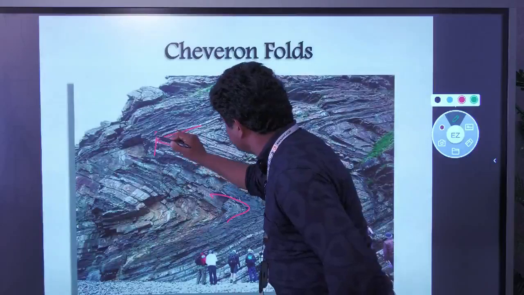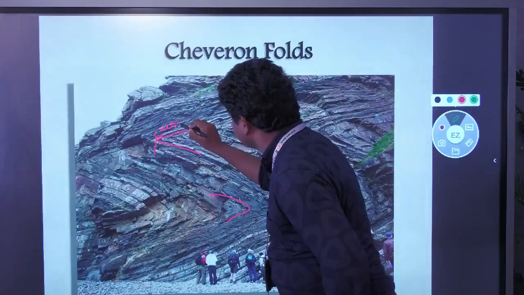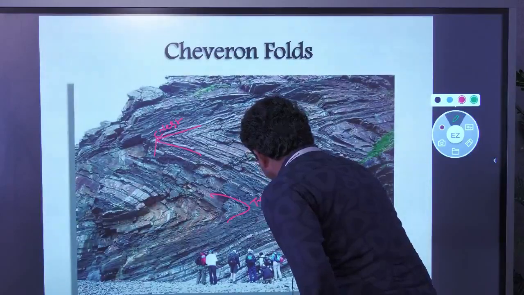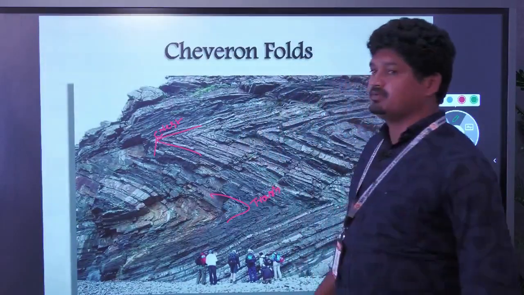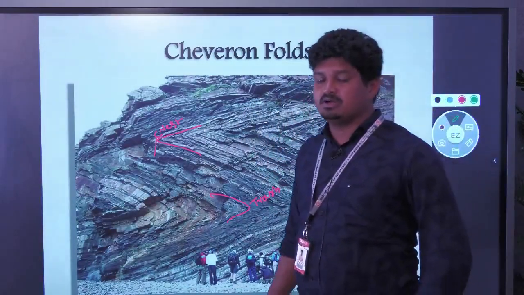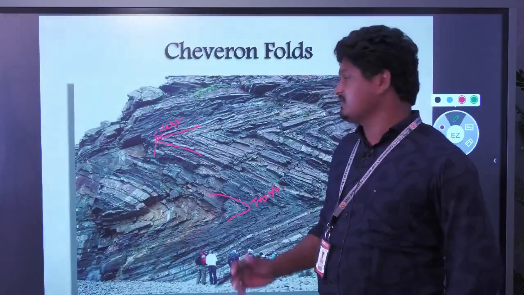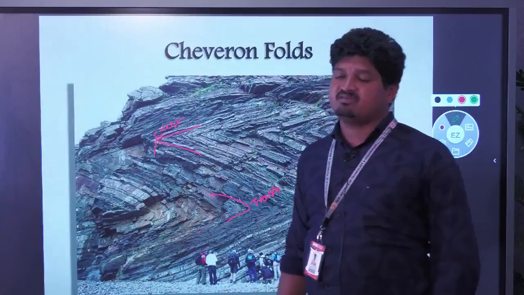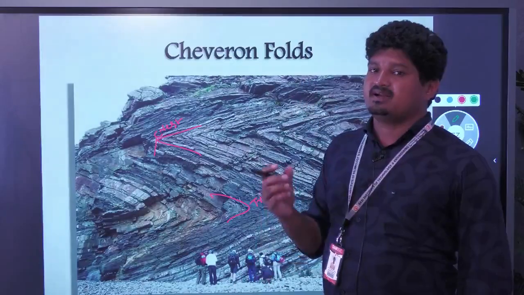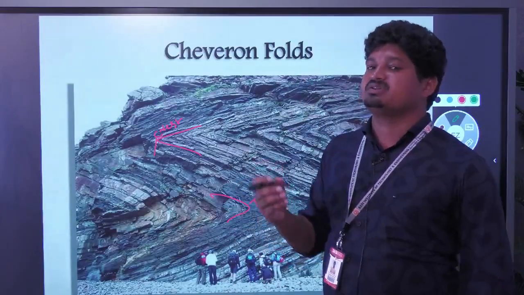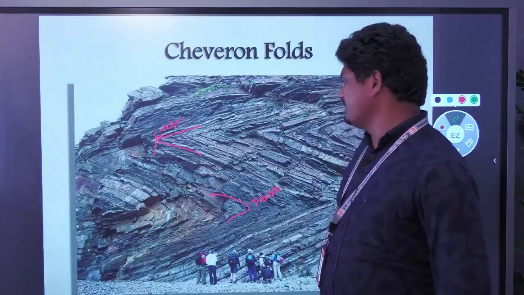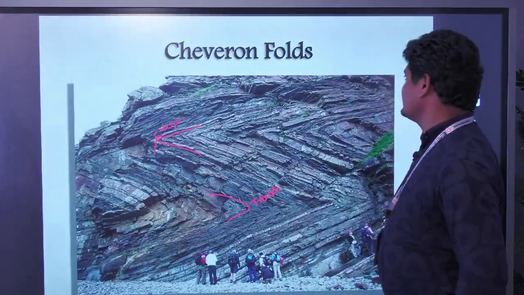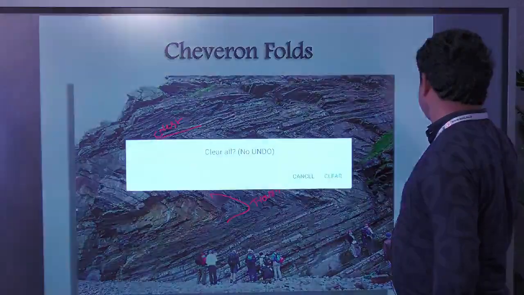This is the crest position, and this is the trough position. These types of folds we identify in different types of rocks. These are called chevron folds. In a chevron fold, the crest and trough are horizontal with some angularity, sharp and angular. This is called a chevron fold.